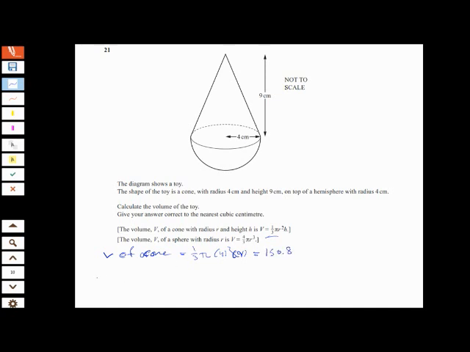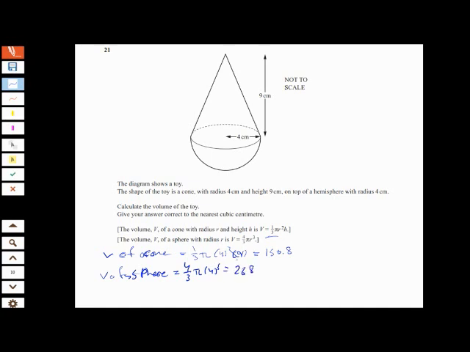Same goes for the sphere. 4/3 pi r cubed. That would equal 268.